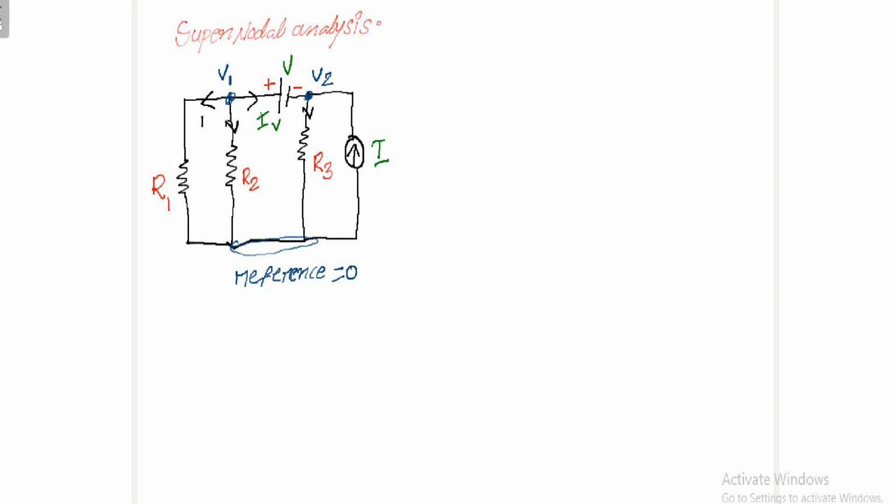Let us apply. Already we have considered that in nodal analysis we need to apply KCL. The first step is to apply KCL at V1, that is node 1.